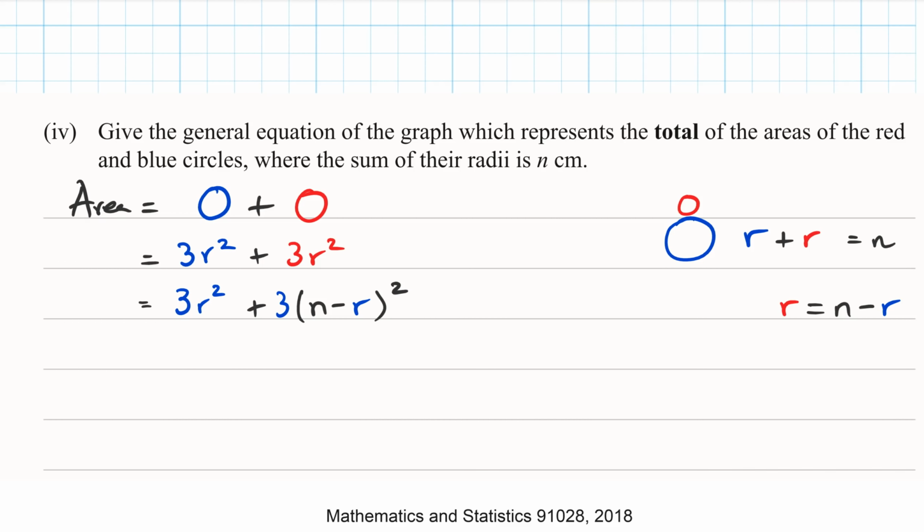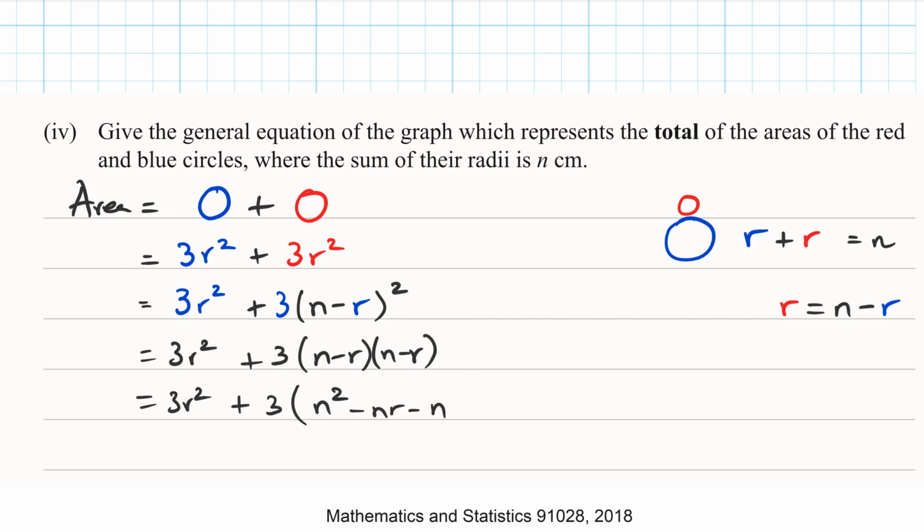Okay, so once you get that, it's just a matter of expanding things. So you've got 3r squared plus 3 times n minus r times n minus r. That's 3r squared plus 3 times n squared minus 2nr plus r squared. So 3r squared plus 3n squared minus 3nr minus 3nr plus 3r squared.